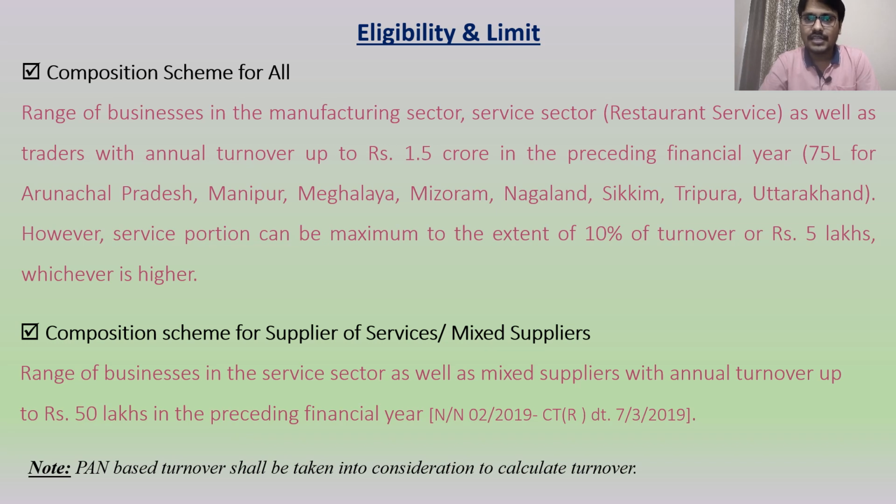So we can say this scheme is for service providers other than the restaurant service providers who are providing services exceeding 10% of the turnover in the state in the preceding financial year or rupees 5 lakhs, whichever is higher. One important thing to note here is that PAN-based turnover shall be taken into consideration to calculate the threshold and determine the eligibility to opt for this scheme.